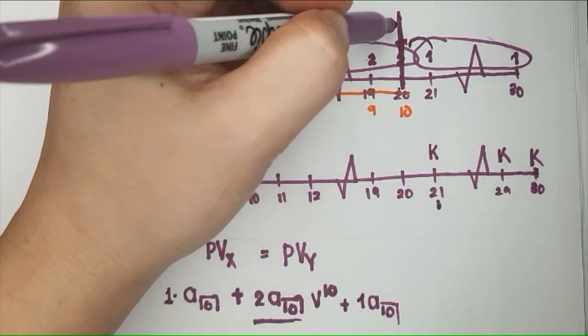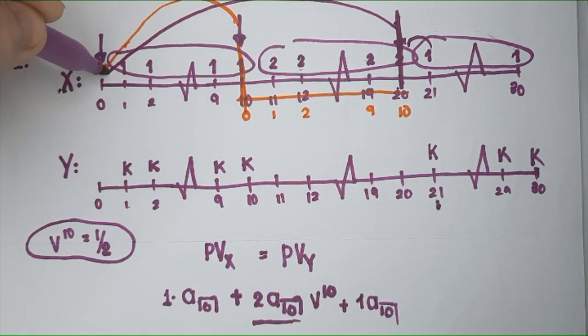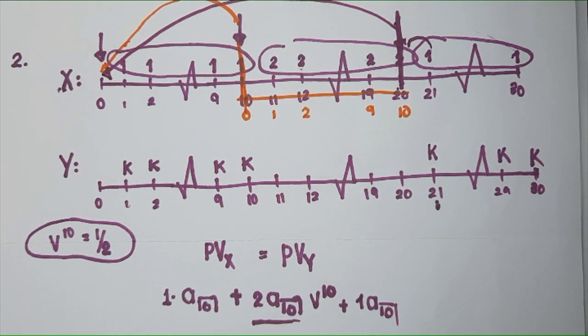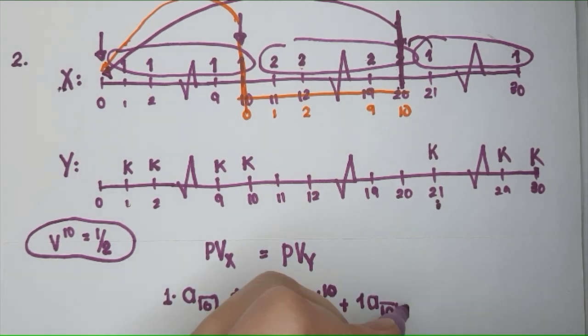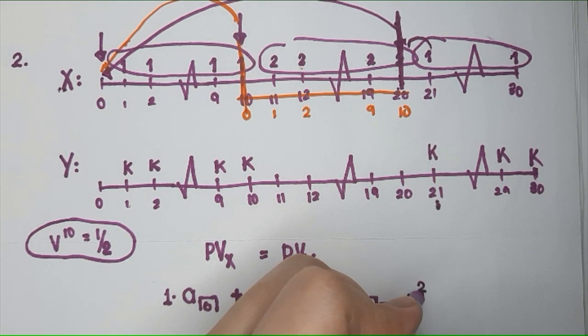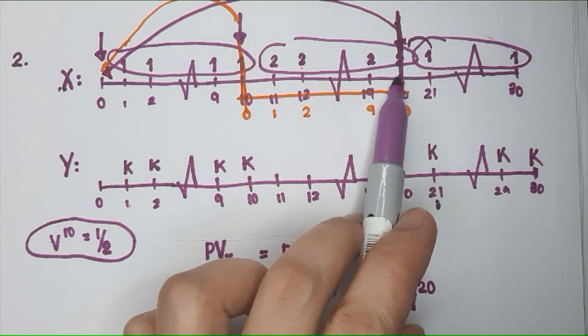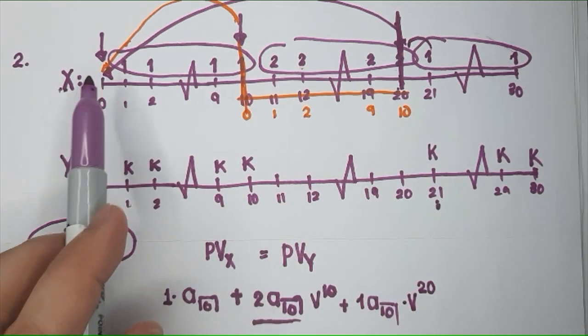Then we need to carry that to time 0 again. How? By multiplying this by v raised to 20, because it passes through 20 periods.